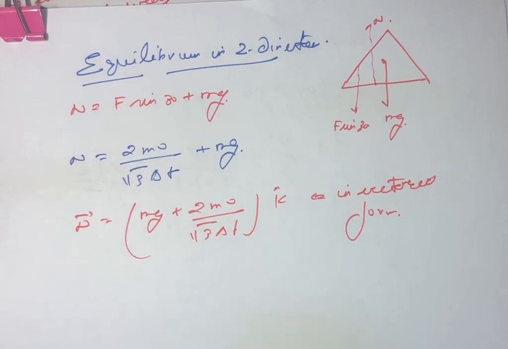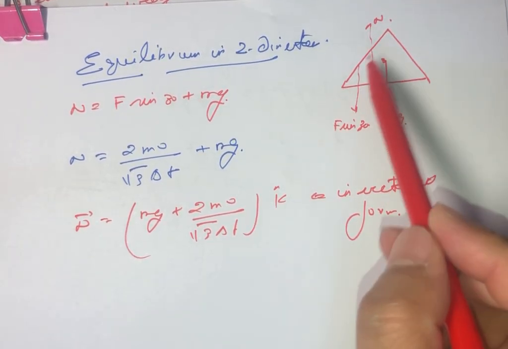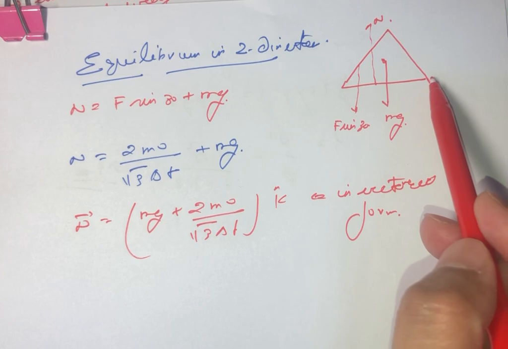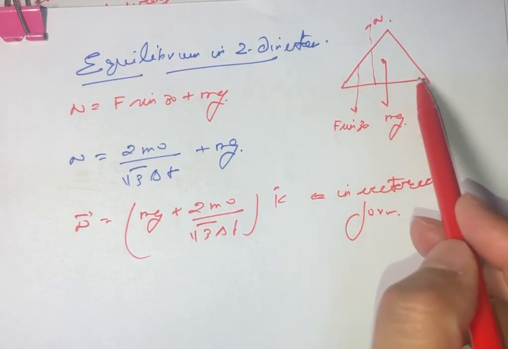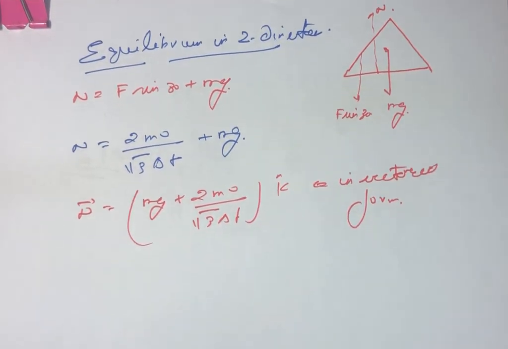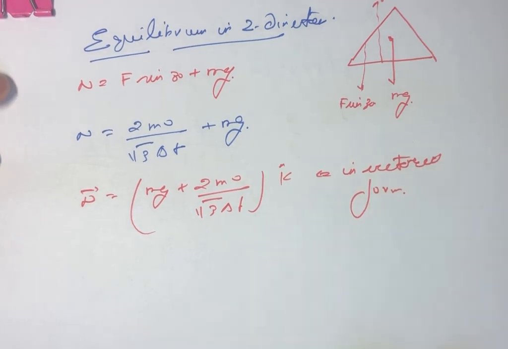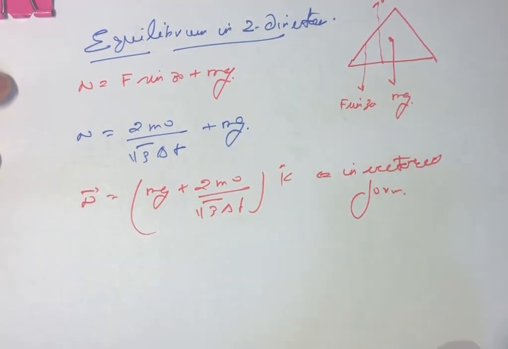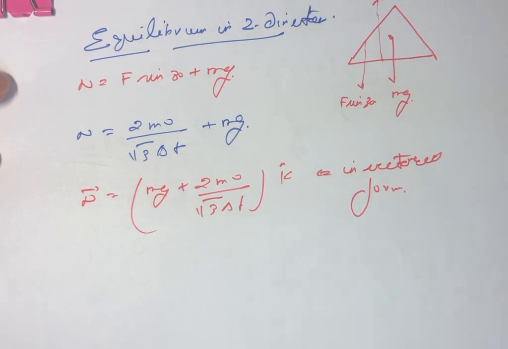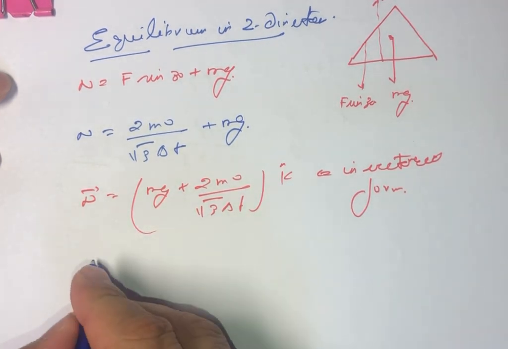Herein there is no rotation of the wedge also. Because of this, the rotational equilibrium will also be balanced.